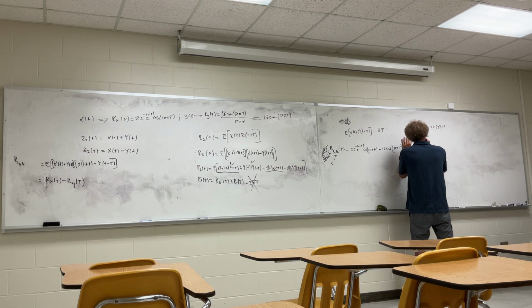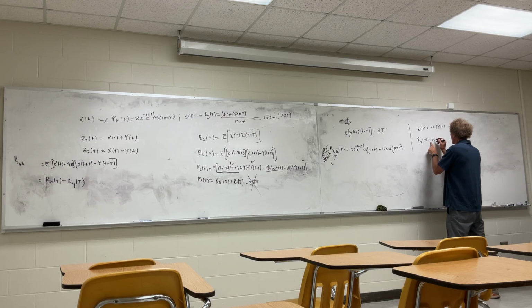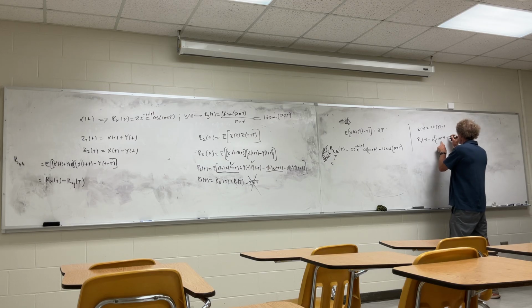So if I want that R z of tau, I'm just going to do the definition. It's going to be the expected value of x of t, y of t, right? And it's going to be times x of t plus tau, y of t plus tau.